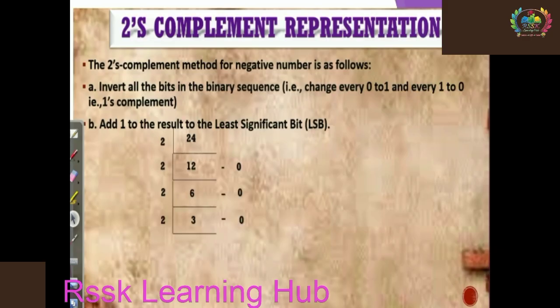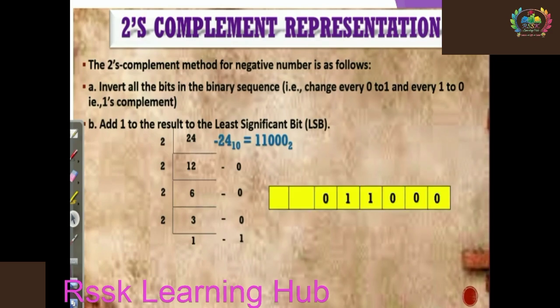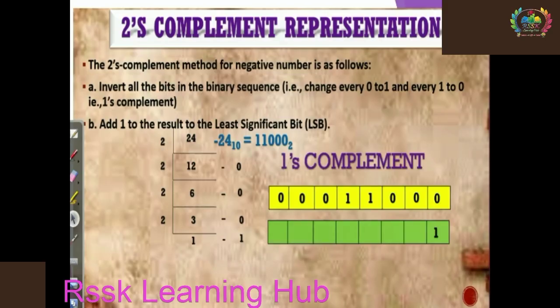Take the same example, 24, and convert it to its binary equivalent, 11000. First write it out, then pad it with zeros to make it 8 bits. Then take the 1's complement: 11100111. Then the step is adding 1 to your result.